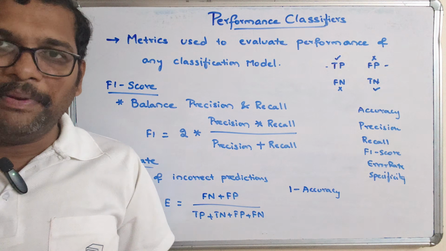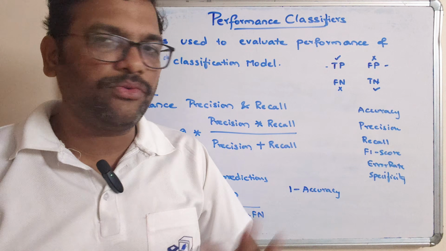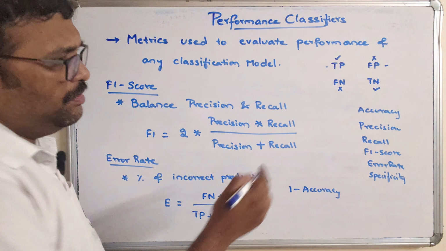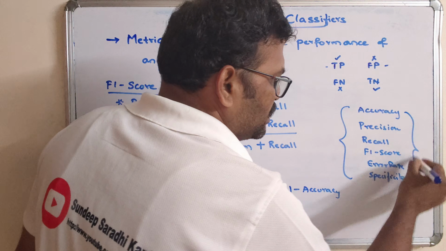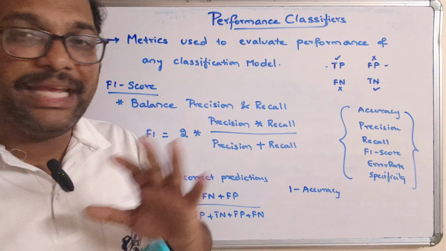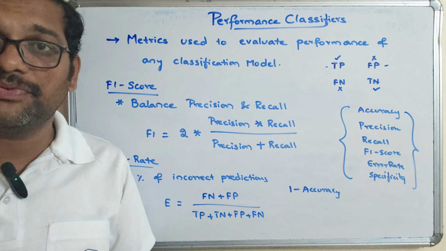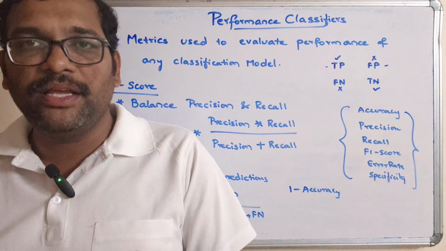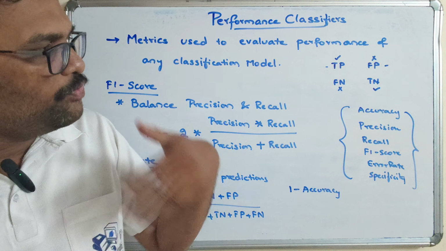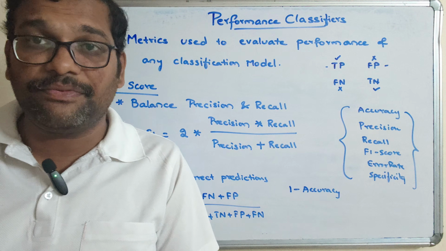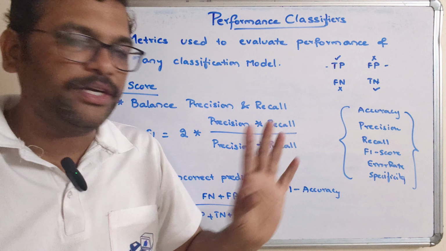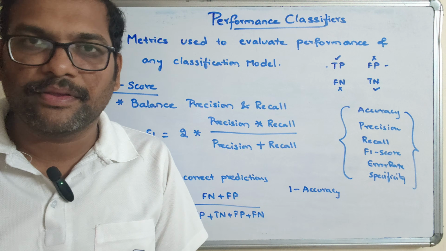Depending upon the application, we need to consider which to use. So these are the different metrics to calculate the performance of any classification model. In our previous sessions we have seen the classification models which predict the class of particular data. How well the selected classification model works will be evaluated based upon these metrics, right?